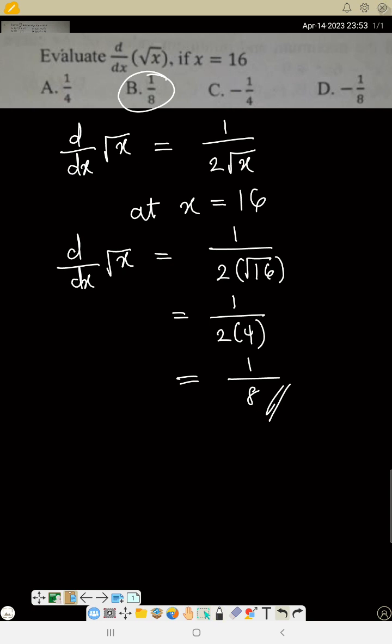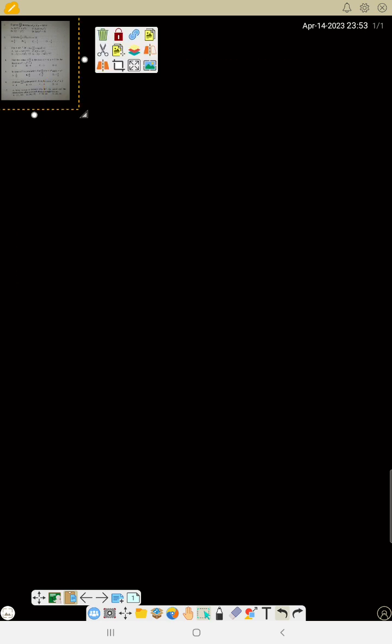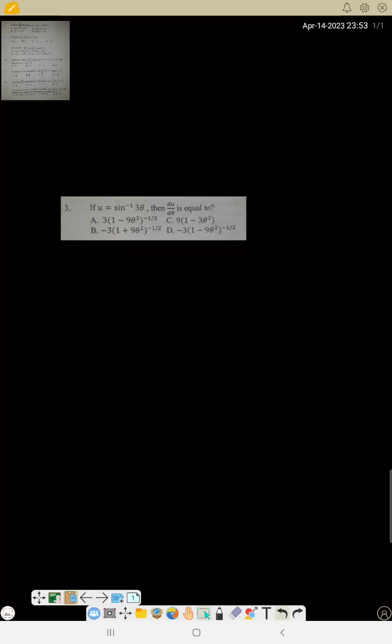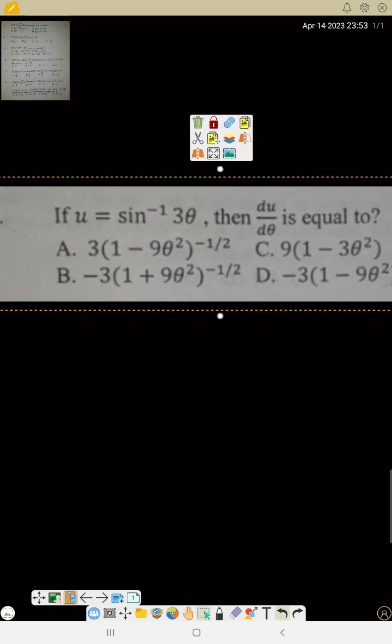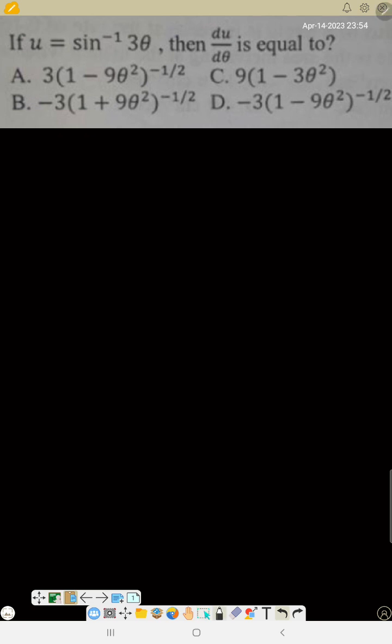So the next one, number 3. If u is equal to arc sine 3 theta, then what is du/d theta?